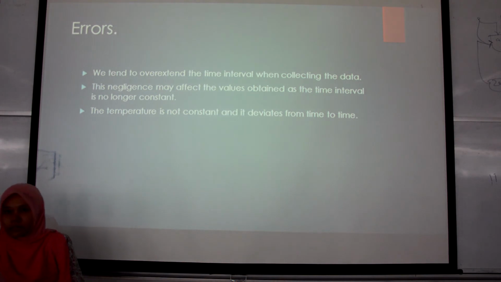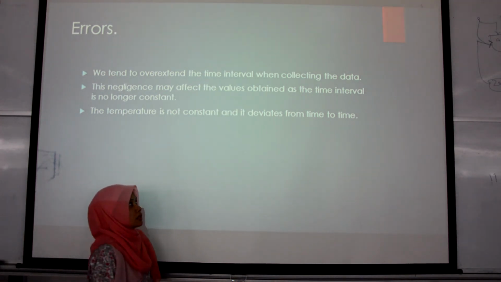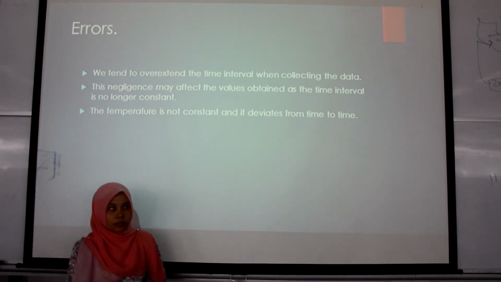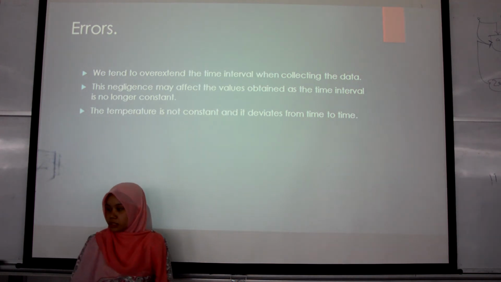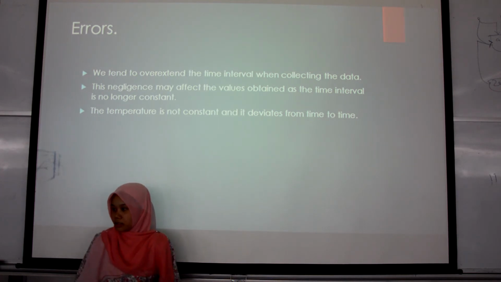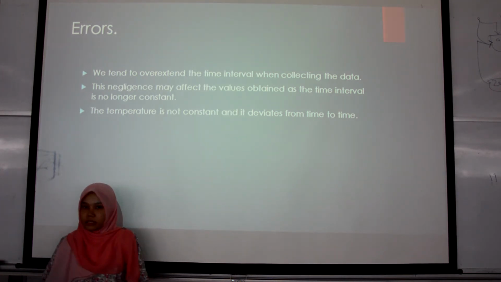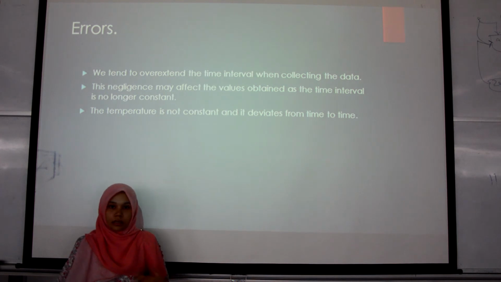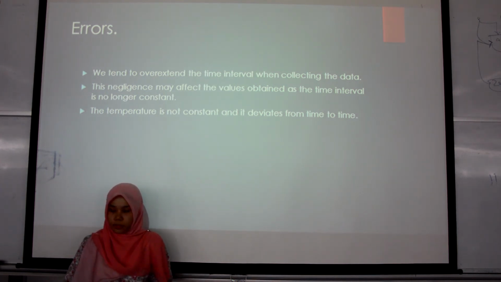Then we move to the errors of the experiment. From the experiment, we have two errors. The first one is that when we try to keep the time interval, we tend to overextend the time interval, and this negligence may affect the result of the experiment.